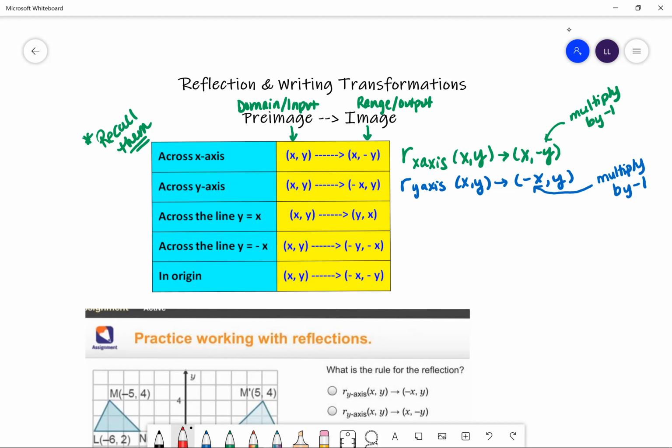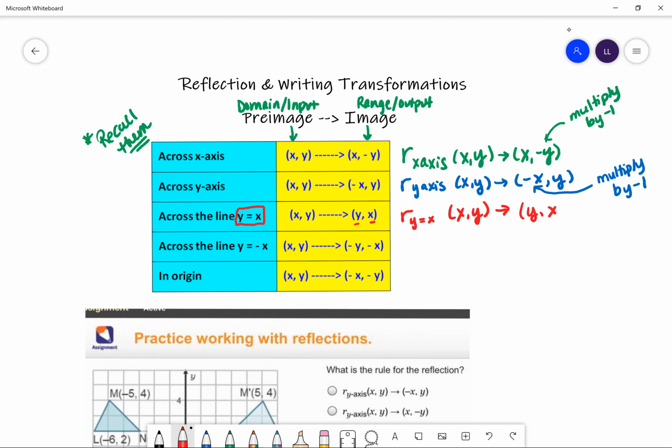Now let's look at reflection across the line y equals x. So we would write lowercase r again, y equals x like so. x, y. And if you notice, those coordinates switched.